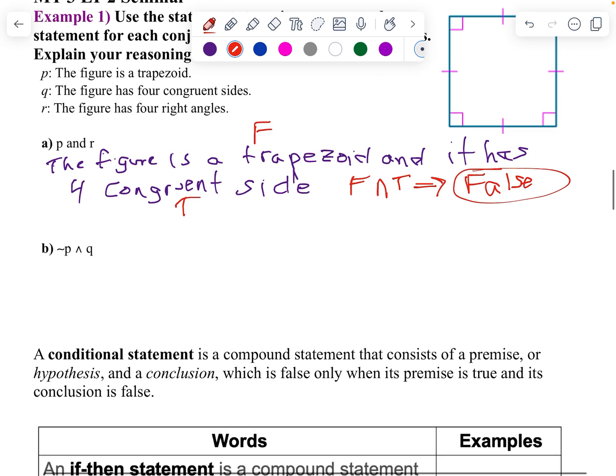Now let's take a look at letter B. I'm going to say not P. So I'm going to write not in there. The figure is not a trapezoid.